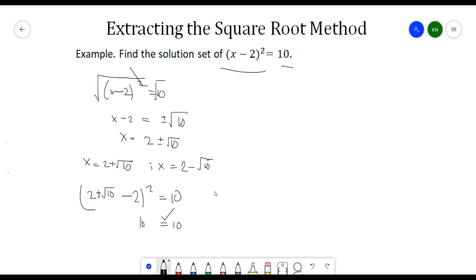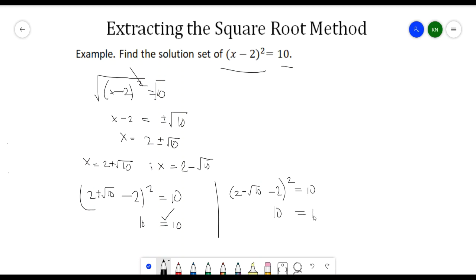So when we try to substitute now this one, we have 2 minus square root of 10 minus 2 squared is equivalent to 10. So for this one, again, this is still equivalent to 10.